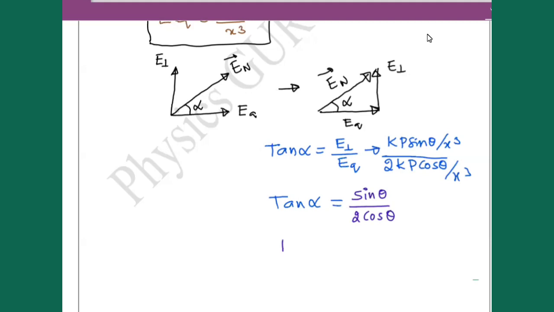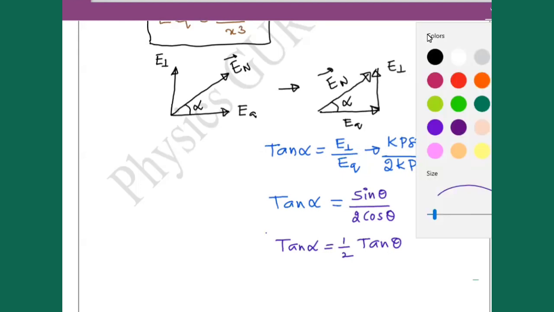Tan alpha is sin theta by 2 cos theta, that is 1 by 2 tan theta. Right? So this is the relation between tan alpha and theta.